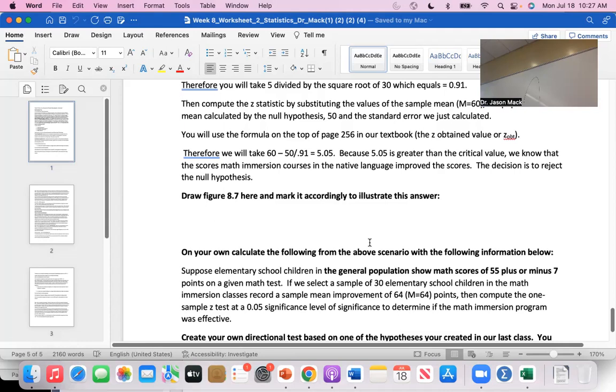So the standard deviation divided by the square root of n. It's the same thing here. So 7 divided by the square root of 30 would be what? 1.28. So everyone know where I got that from so far?